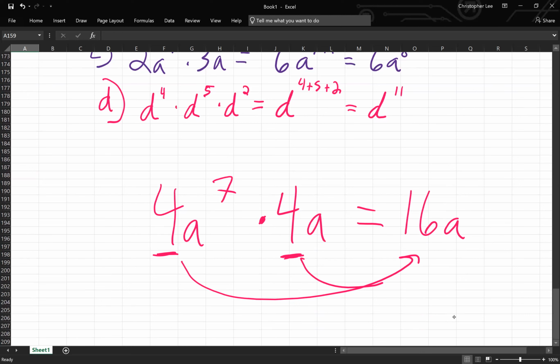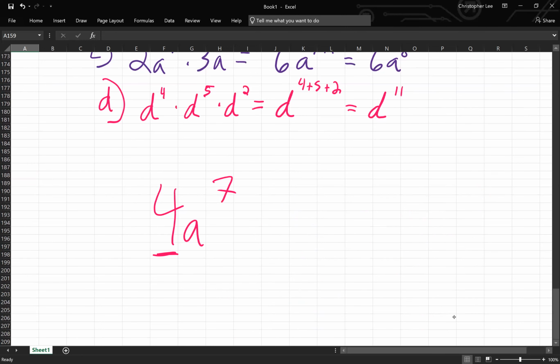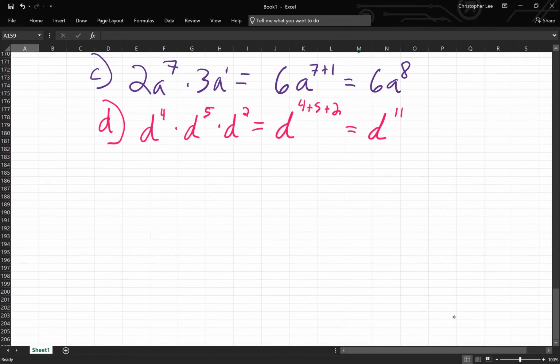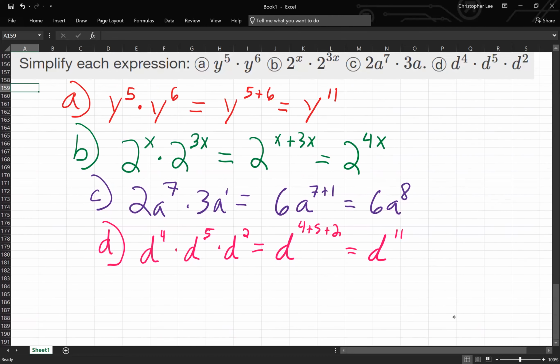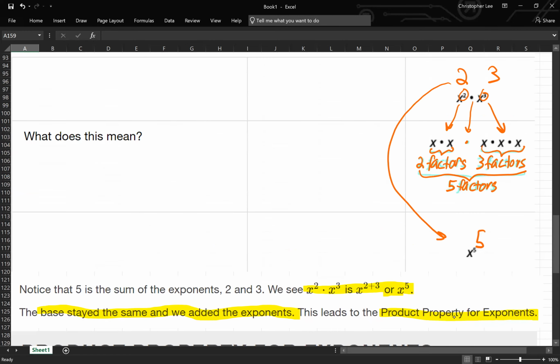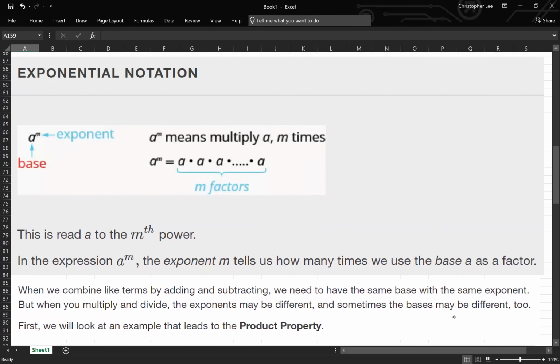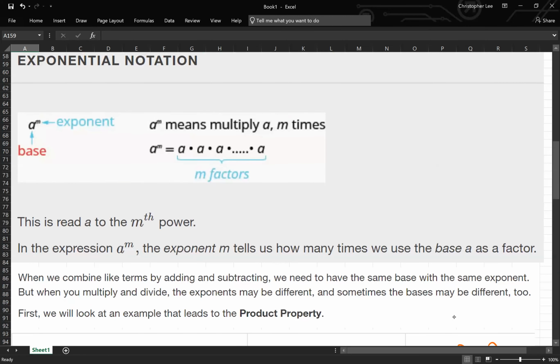So let's look at the definition of coefficient and base. The coefficient is the number that's in front of the base. The base is just whatever the variable is, right? So the base is this number right here. That's the number that the power is being applied to. And the exponent is a superscript number up top.